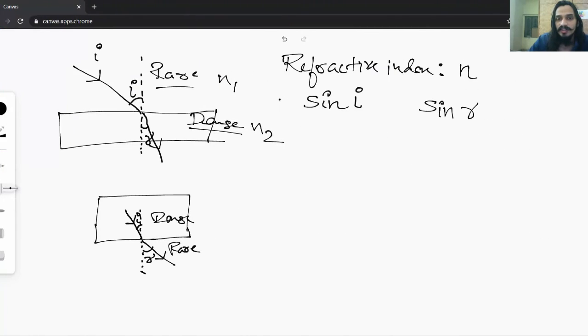Now, since N1 is related to I, I can say that N1 multiplied by sine of I, sine I is one value on its own, will be equal to N2 into sine of R. With each medium, the sine of its angle.